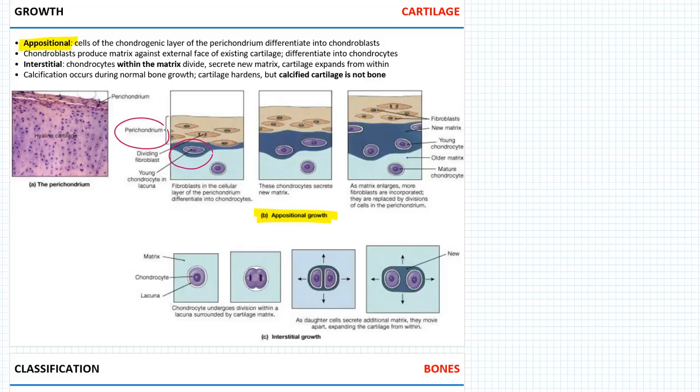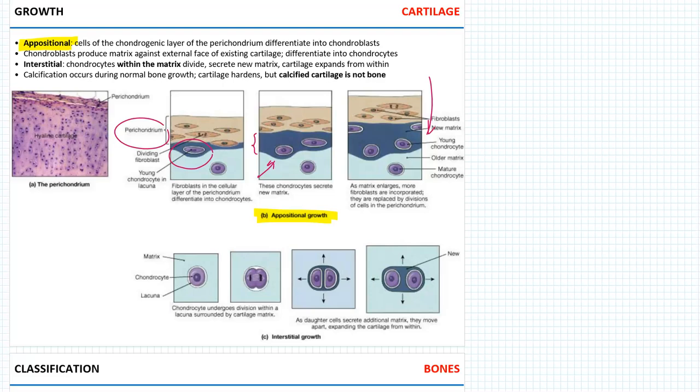These chondrocytes near the perichondrium deposit a new layer of matrix. You see the dark blue, that's matrix, okay? A new layer of matrix is deposited immediately next to the perichondrium. So this is why it is called appositional. It deposits new matrix next to the perichondrium.